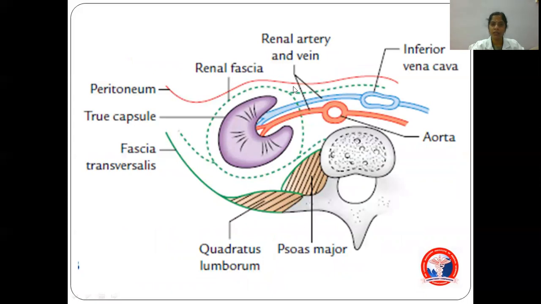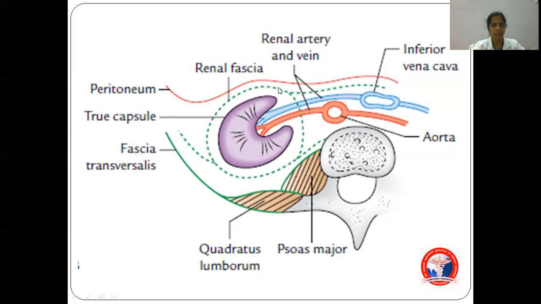Now we have to trace it medially and laterally. So this green dotted line is the renal fascia. When you trace medially, the anterior layer continues with the anterior layer of the renal fascia of the opposite side. The posterior layer covers the muscles, quadratus lumborum, psoas major, and it is attached to the vertebra.